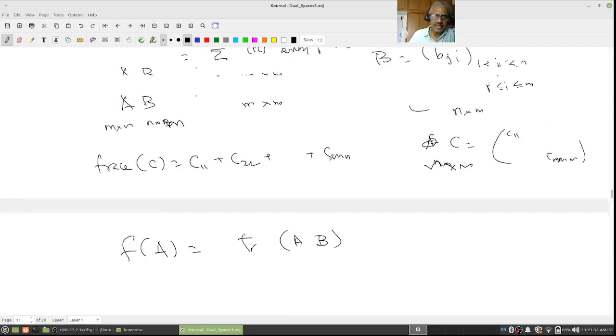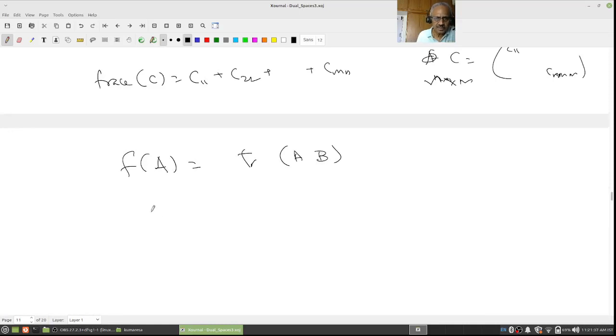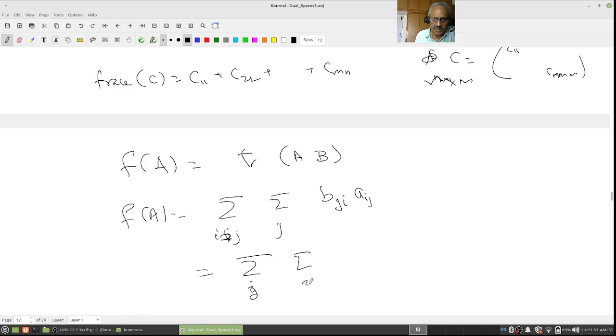So I could also do it the other way around. I could also write f of A as the summation over i and summation over j of b_ji a_ij. Therefore the summation I can rewrite as the summation over j and summation over i of b_ji a_ij.